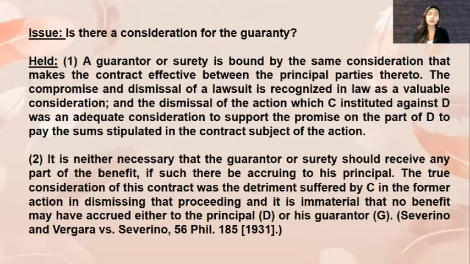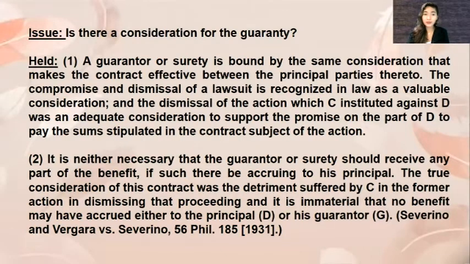The true consideration of this contract was the detriment suffered by C in the former action in dismissing that proceeding, and it is immaterial that no benefit may have accrued either to the principal, which is D, or his guarantor, G. This is the case of Severino and Vergara versus Severino, 56 Philippines, 185.